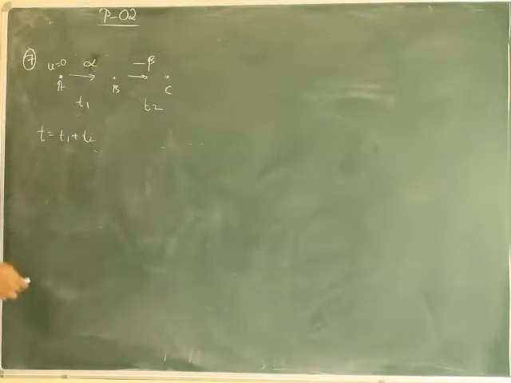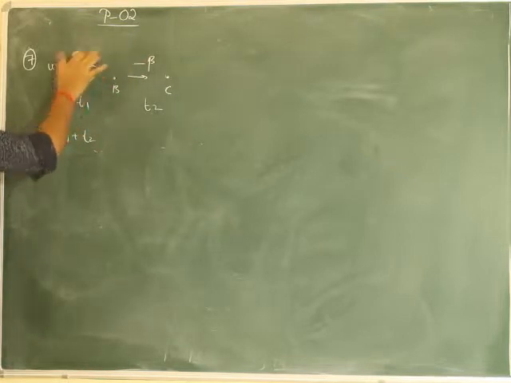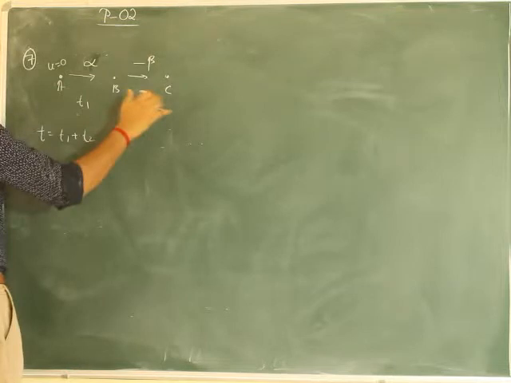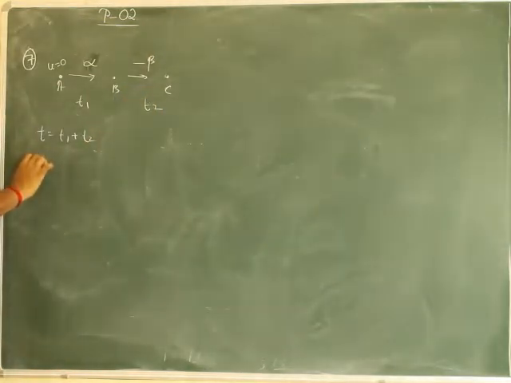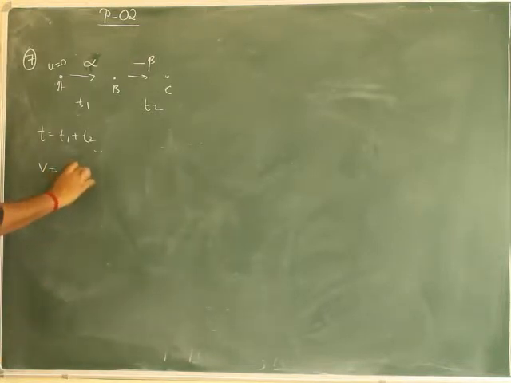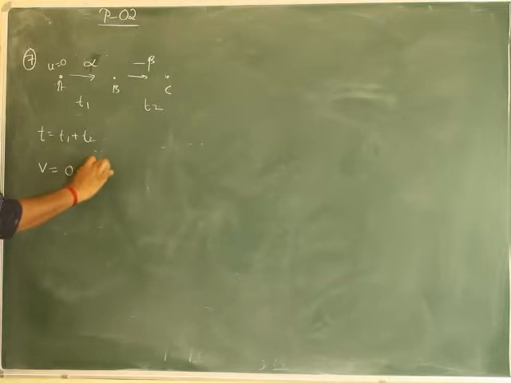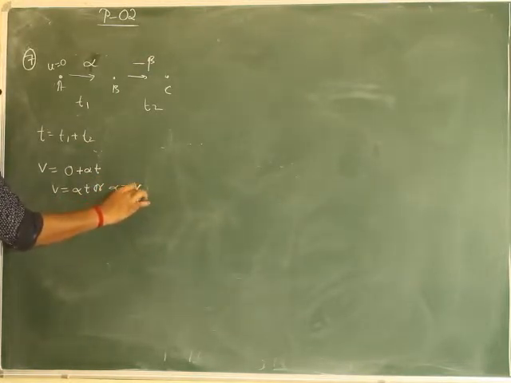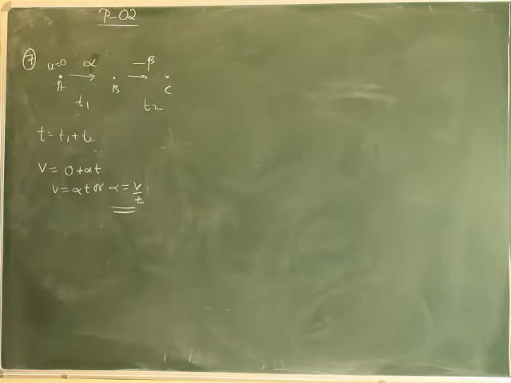There are two cases: first accelerating, second decelerating. Basic equation: v equal to u plus at. Here u is 0, so v is equal to alpha t, or alpha equal to v by t.